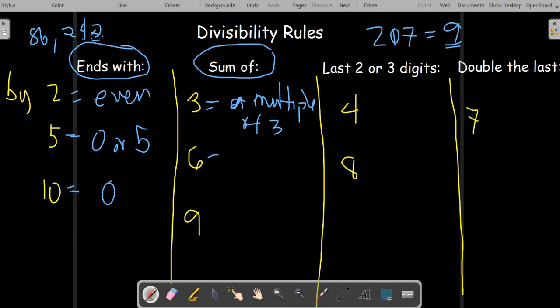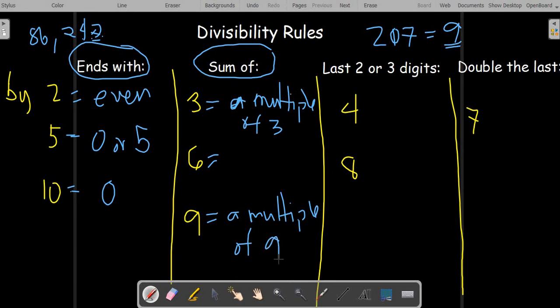Also, we have 6, but we will go to 9 first. We have 9 if the sum of the digits is a multiple of 9.